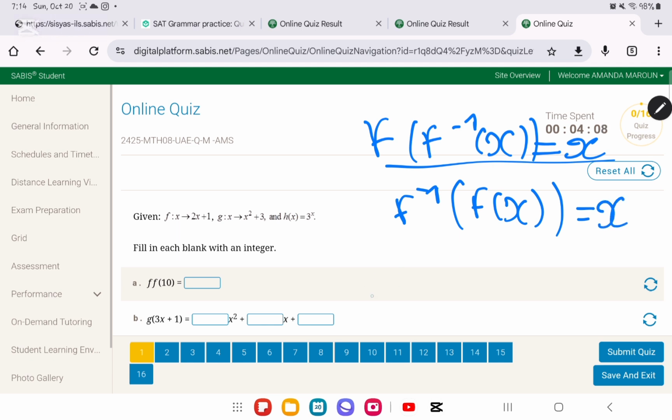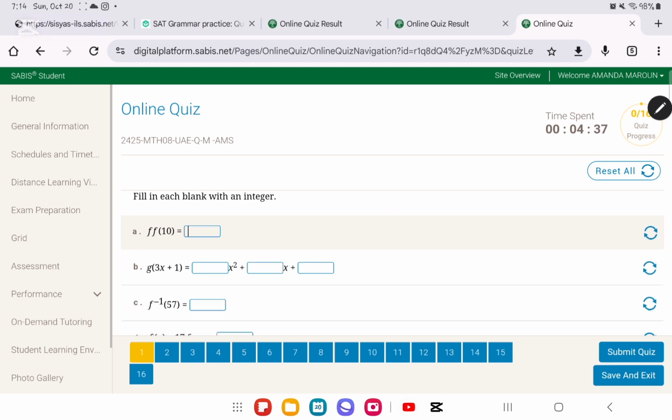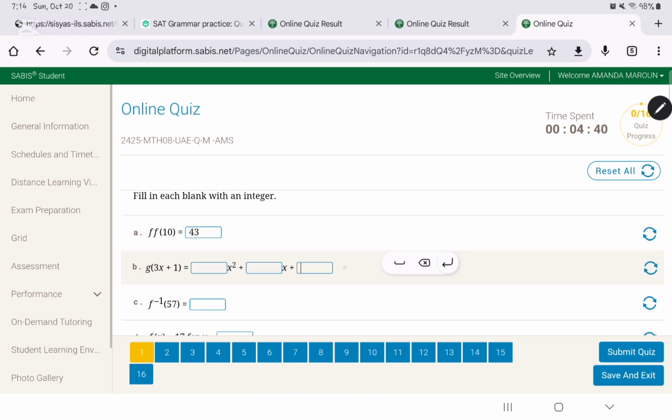So for example, just like a random example, if we were to do f(f inverse(10)) directly without thinking, if they asked you without proving why, you would directly put that the answer is 10. Anytime you have f and then the inverse of the function, it's always going to be either the number or x. So over here our answer is 43.